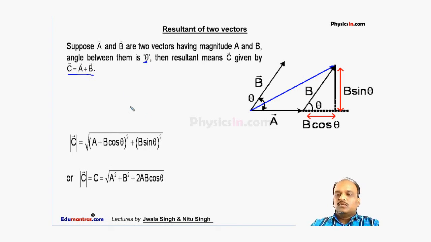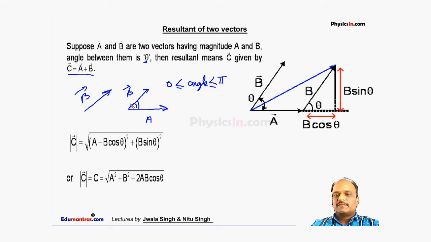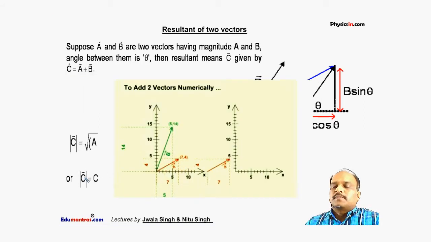The angle between two vectors is defined as, suppose this is vector A, this is vector B. If I join the tail of these two vectors, the angle between the two vectors is the angle whose value lies between 0 and 180. The angle between two vectors always lies between 0 and 180. So it is theta.